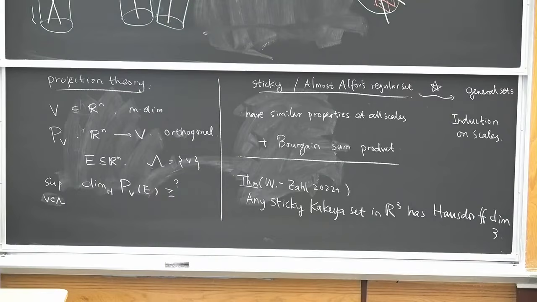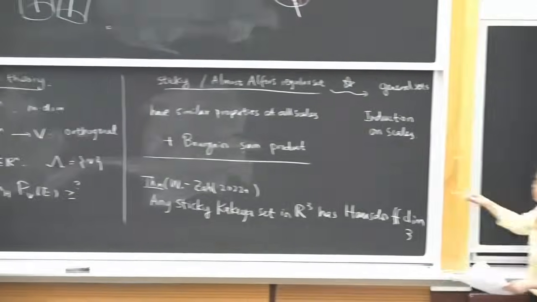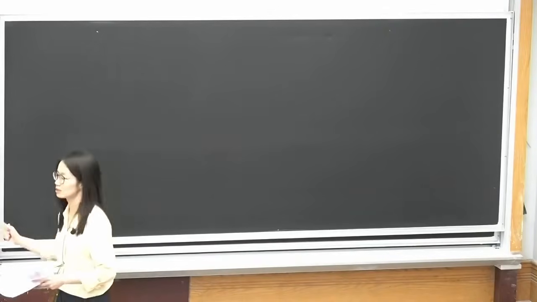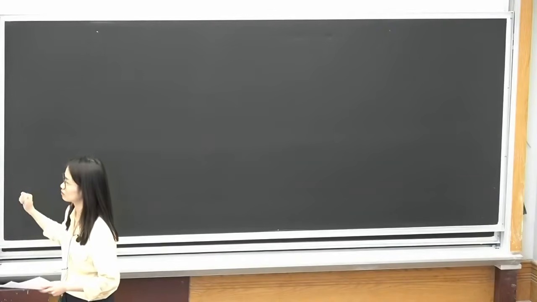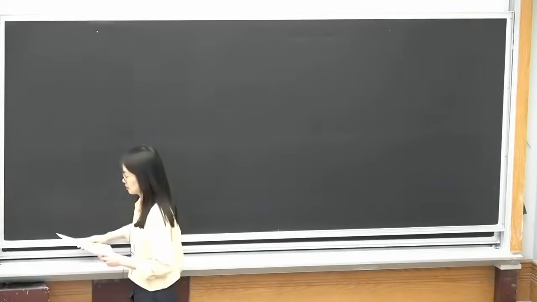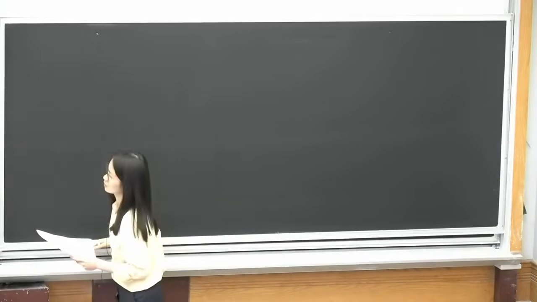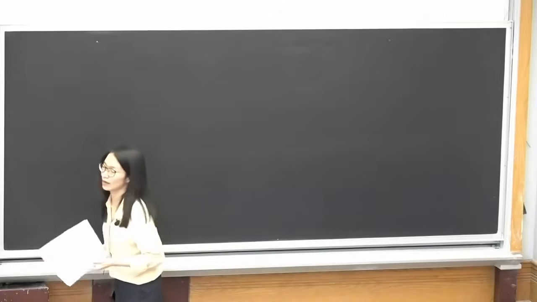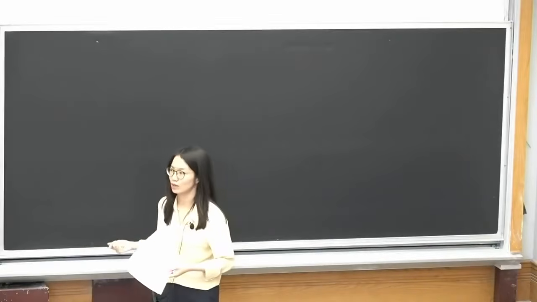Okay. So now the sticky sets are sort of very rigid, and the general Kakeya set is a huge class. So how do we do induction and reduce the problem about general Kakeya sets to sticky sets? The starting point is to find the right induction hypothesis.